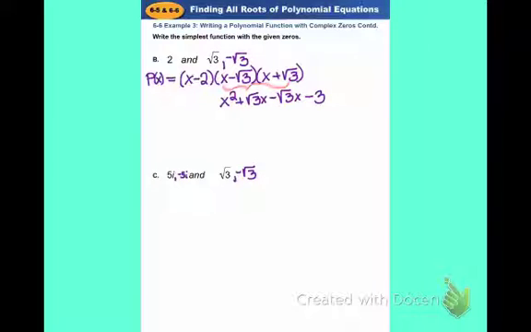And so putting my like terms together and canceling out those middle terms leaves me with just x squared minus 3, which then I have to multiply by x minus 2.